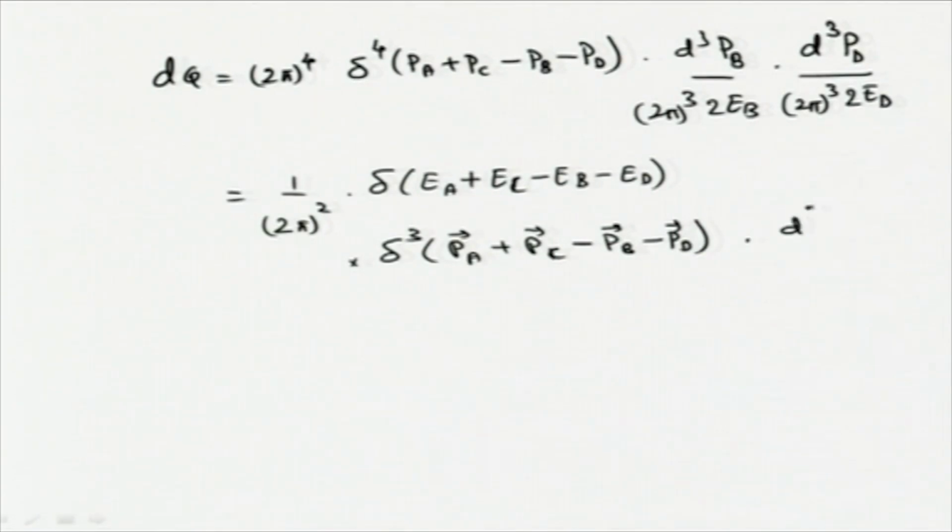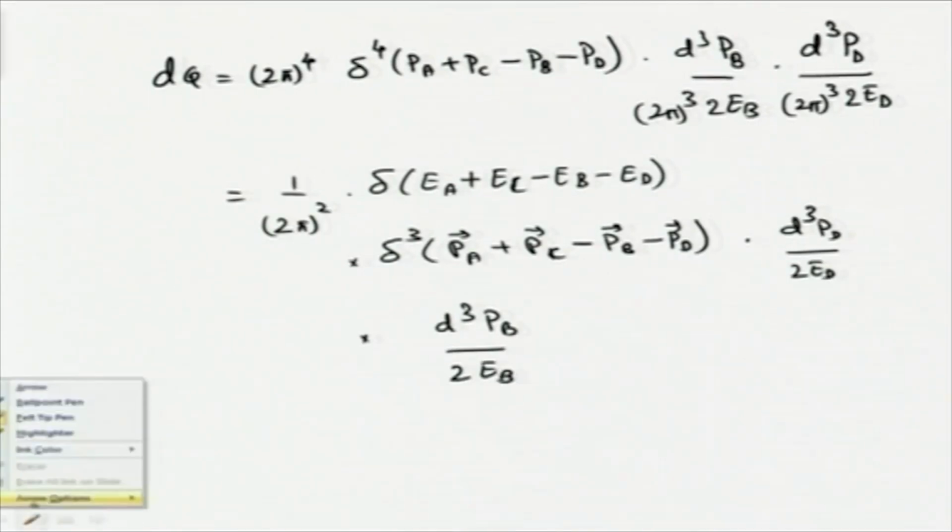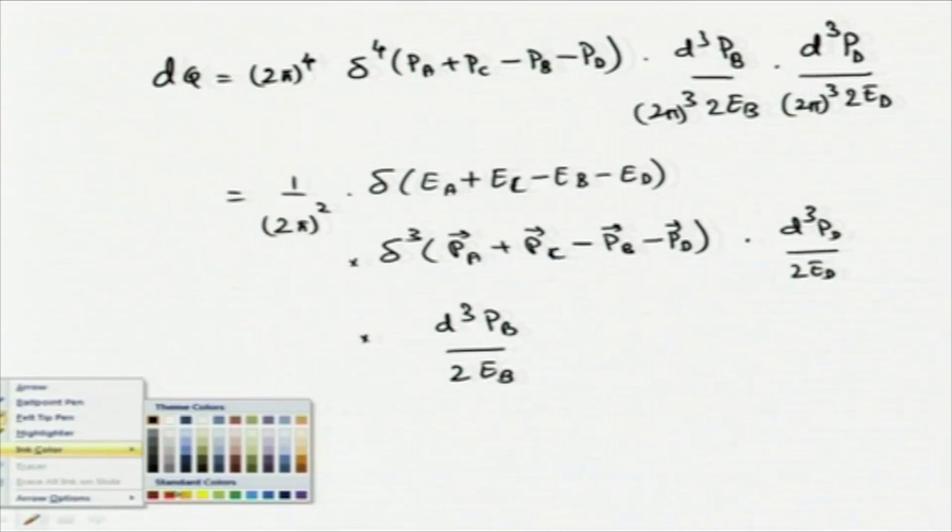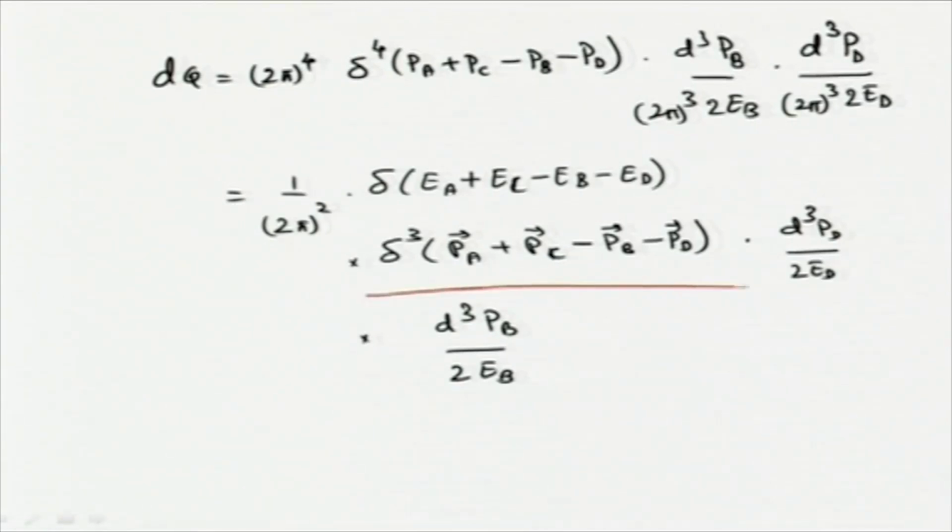Then you have d 3 P D over 2 E D, and you have d 3 P B over 2 E B. Now, let us look at this second line here.